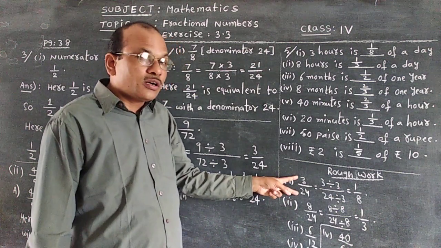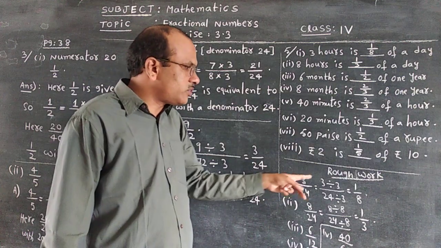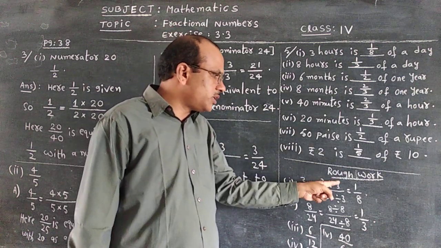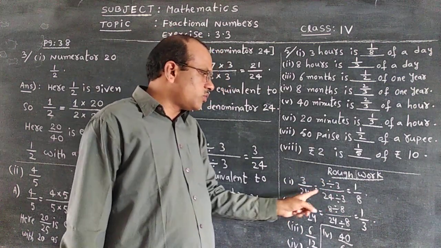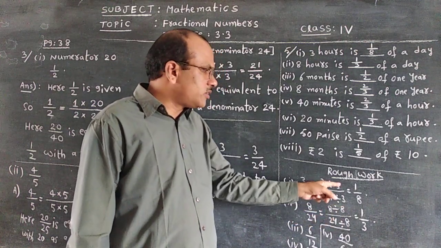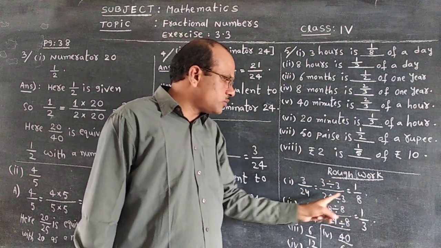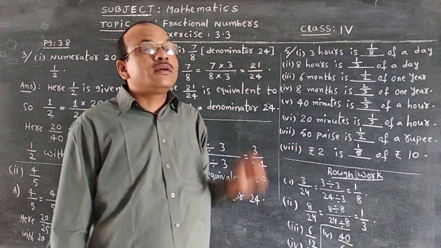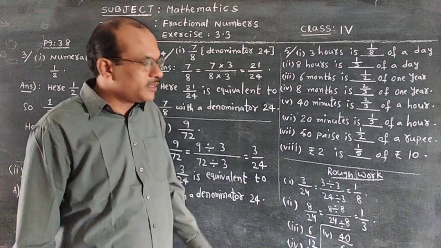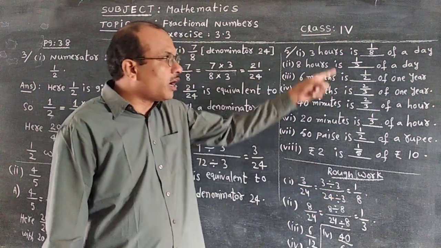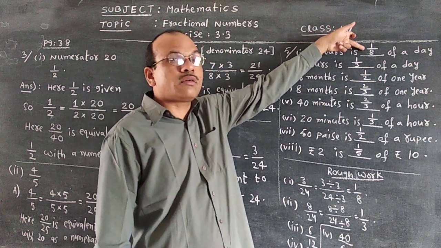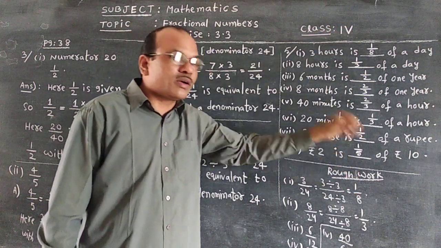What can be the common table for them to divide? The 3 table. 3 divided by 3, 24 divided by 3. Then 3 ones are 3, 3 eights are 24. So 1 by 8, in that way we got 1 by 8. I am showing the rough work here, how we have to get the first answer 1 by 8.